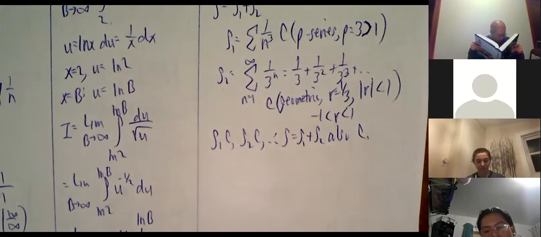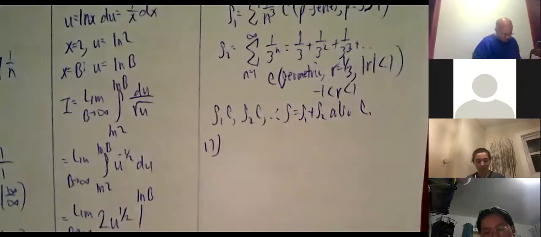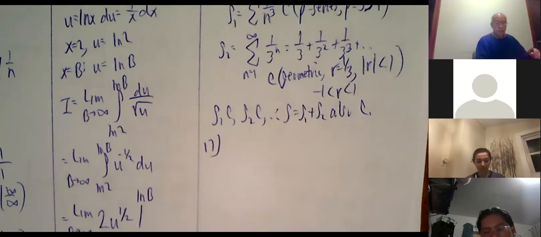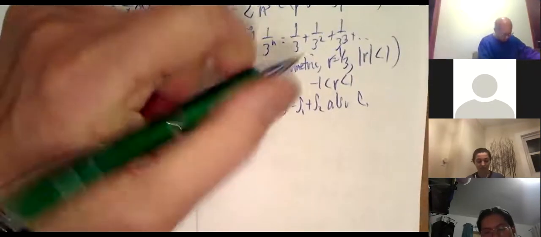Okay, then I think the only other one I want to show you of this type is 17. I kind of want to show you 15 also, but we'll see how much time I have. Okay, 17: summation.